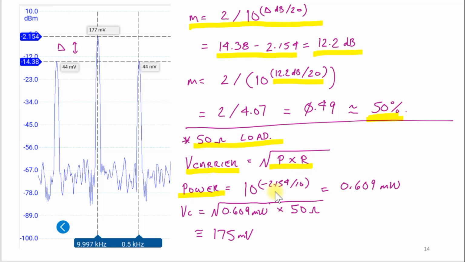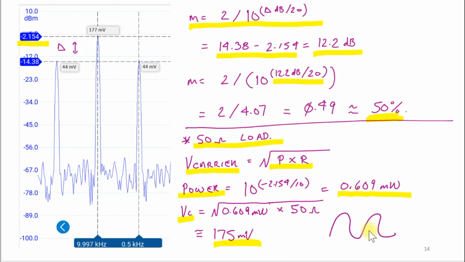The power is equal to 10 to the 2.154 for that peak value, and then divided by 10 because we're working with power, and that gives me 0.609 milliwatts. And to figure out the voltage of the carrier, it's the square root of 609 microwatts times 50 ohms, gives me about 175 millivolts. And that's what my signal was equal to.